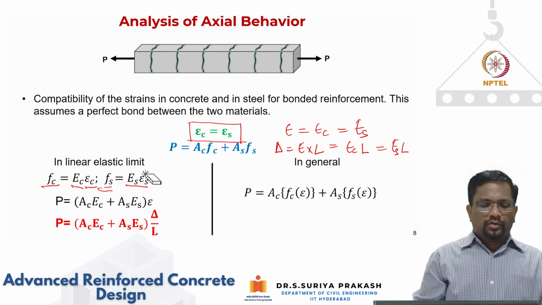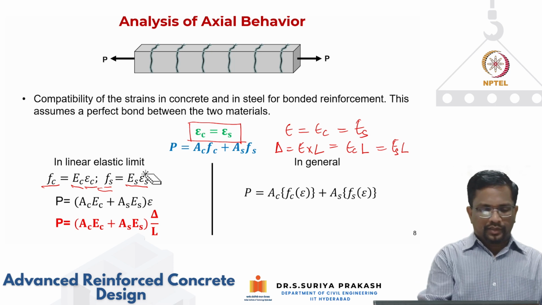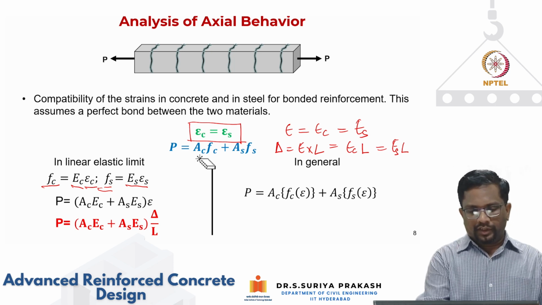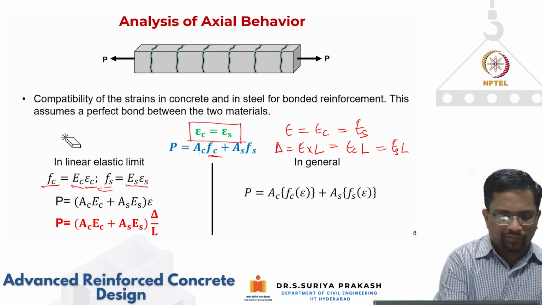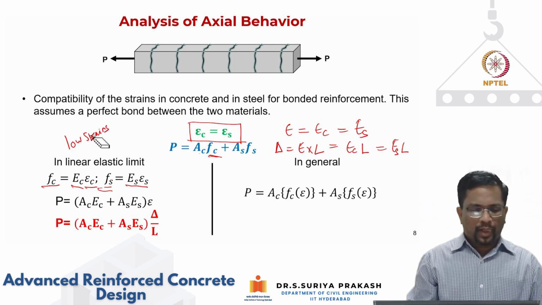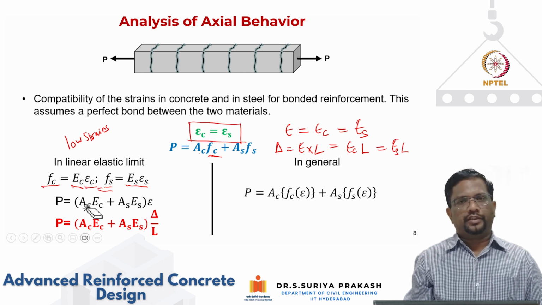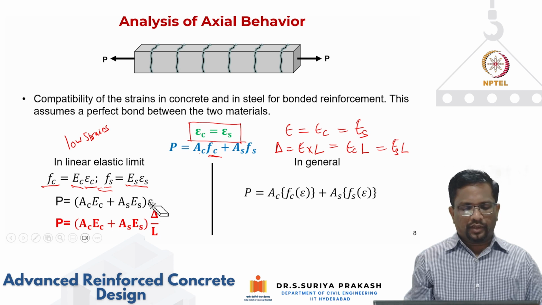Right. So because now steel and concrete are undergoing same strain, what I can write is from this equation. Now, what is fc for very low strain? So this is applicable for very low strains when the material is under elastic limit. So we can write this as P is equal to Ac multiplied by Ec and the strain, because strain in concrete and strain in steel are same.